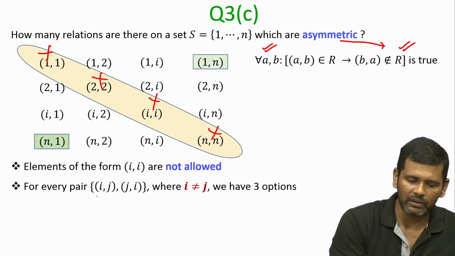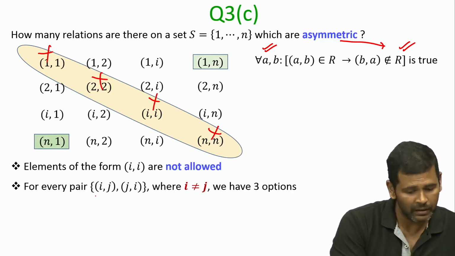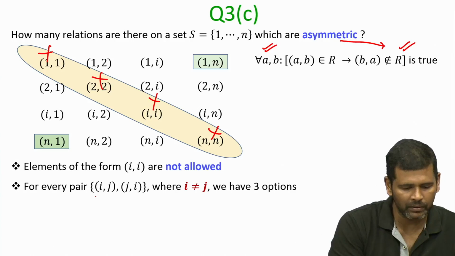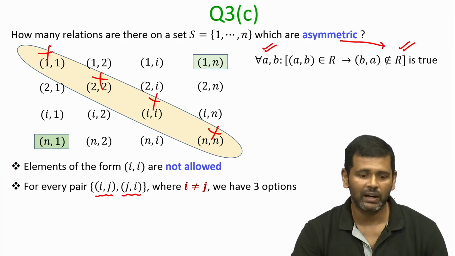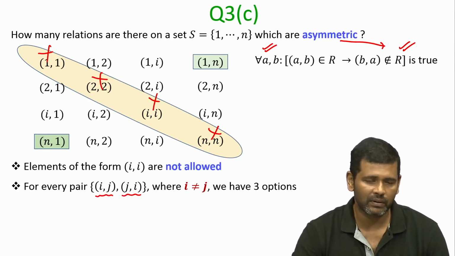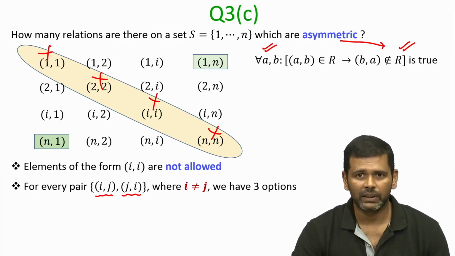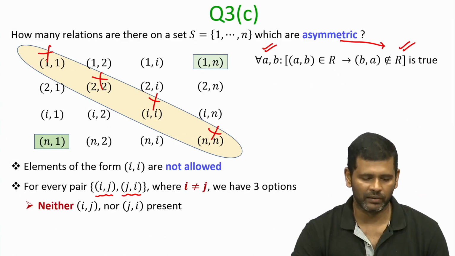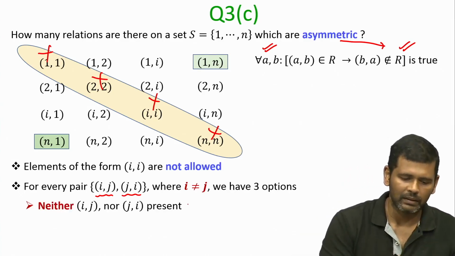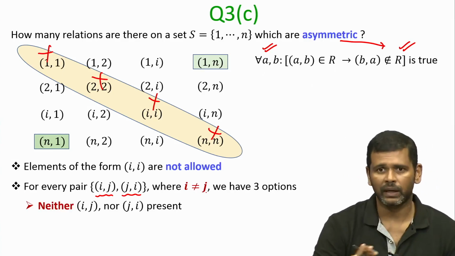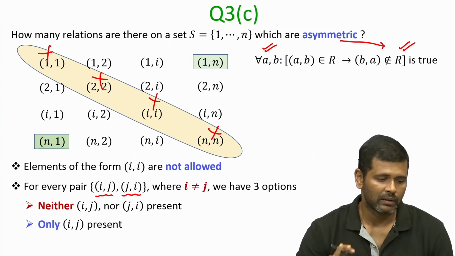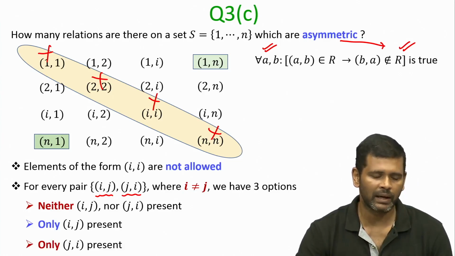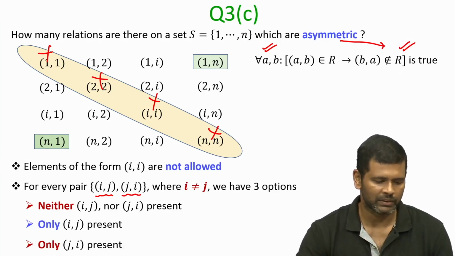Now let us focus on the remaining elements, and club them into pairs of the form (I, j) and (j, I), where I and j are distinct. For such pairs, I have 3 possibilities. I can include none of them and my relation will still be asymmetric. I can include (I, j) and exclude (j, I), or I include (j, I) and exclude (I, j).